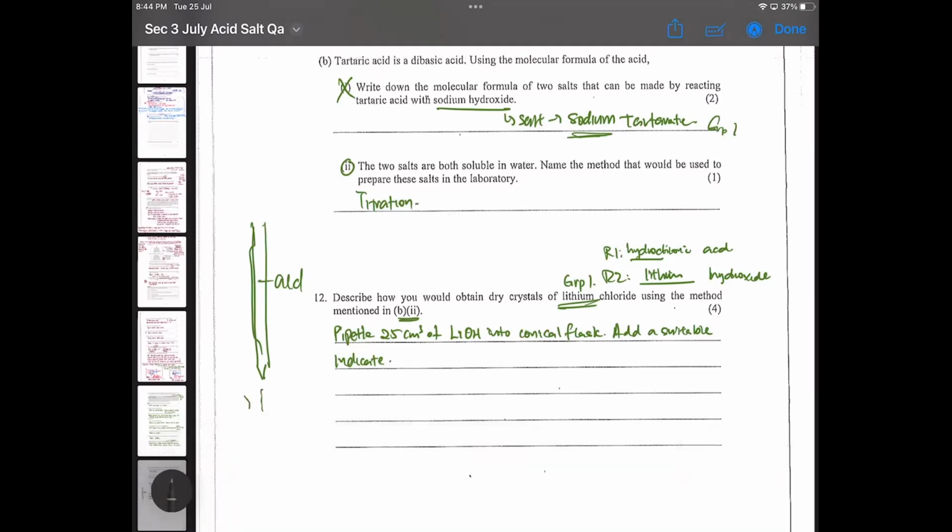This conical flask already contains your lithium hydroxide and your indicator. So you'll drip acid until the color changes. Now, how to describe this motion? This is what we can write, and you can use this particular sentence to fully describe the titrating process.